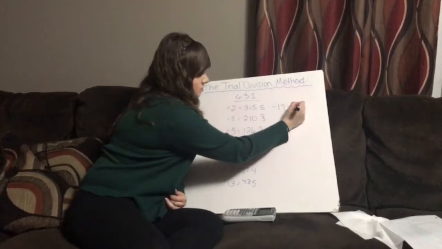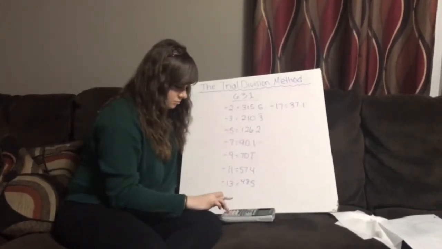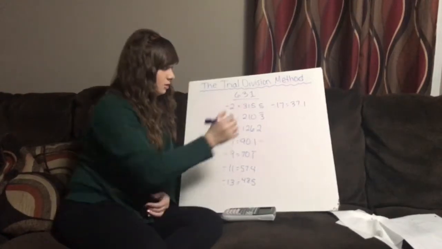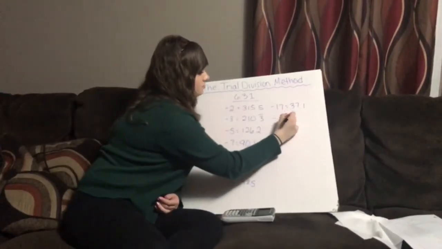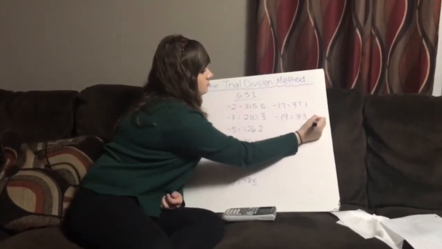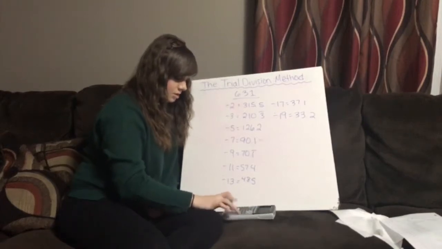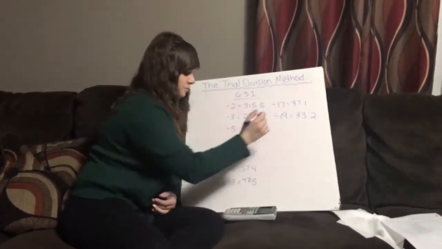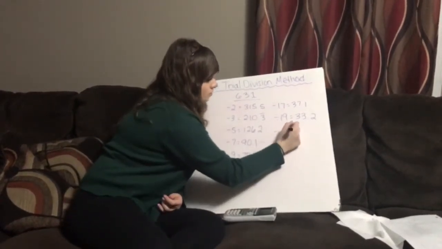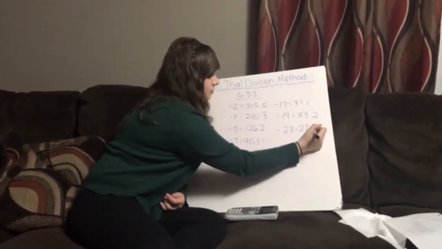And that is 37 and 1/10. The next one is 19. And that's 33 and 2/10. And the next one is going to be 23. And that one comes out to be 27 and 4/10.